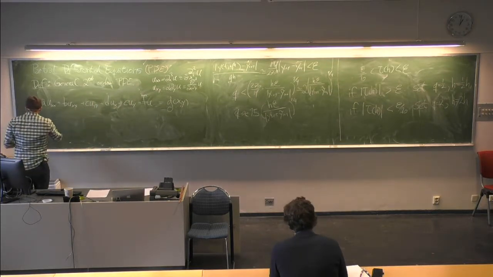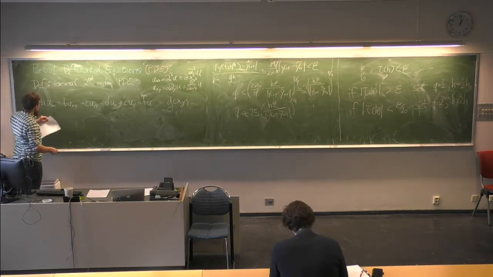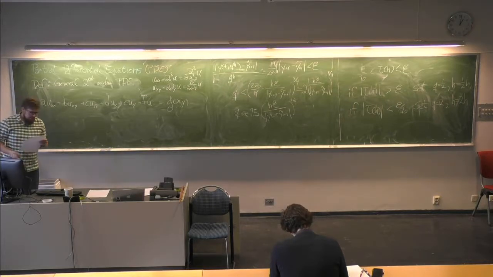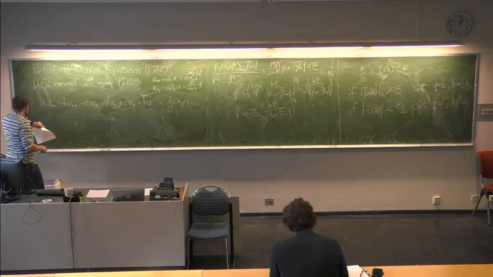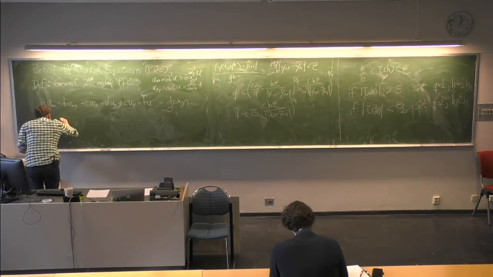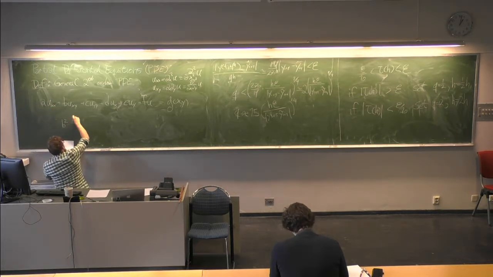And by looking at A, B, and C, we can say if it's an elliptic, parabolic, or hyperbolic PDE. I'll give some examples maybe also. So we can look at B squared minus 4AC. First we'll look at elliptic ones.